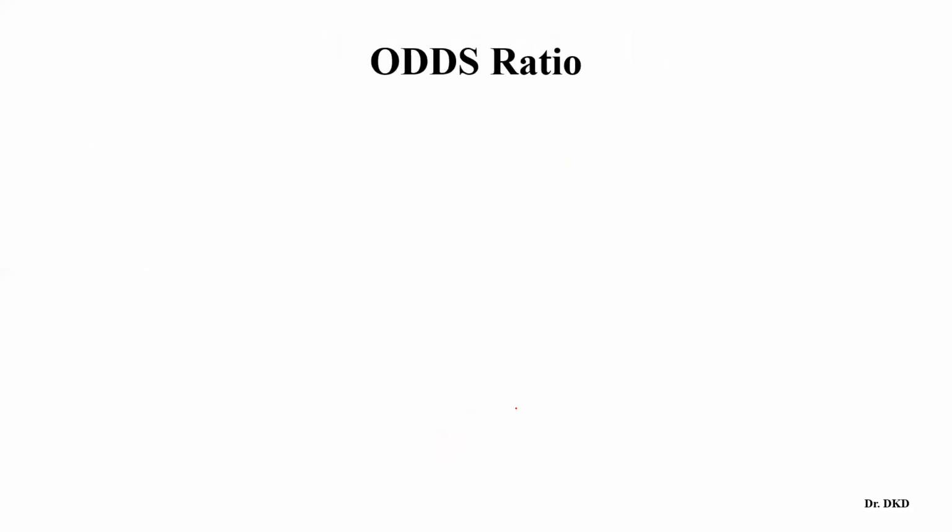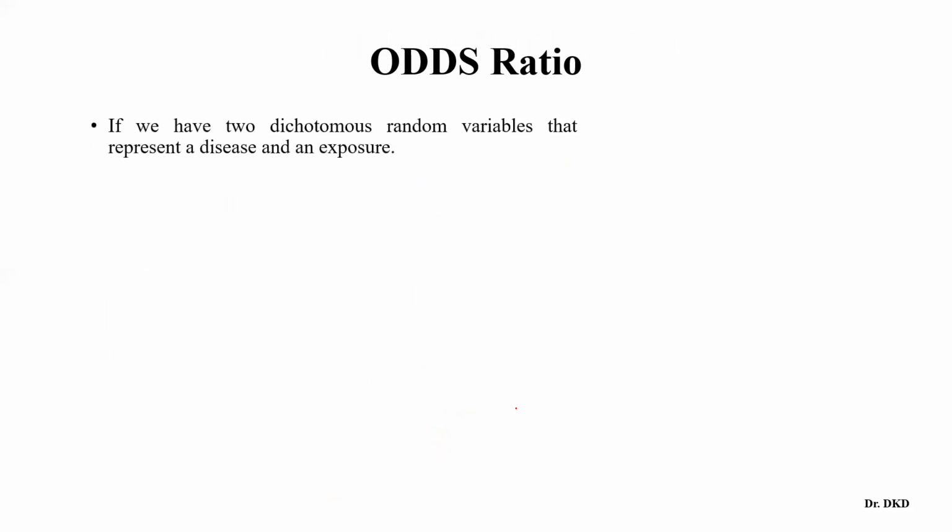Now we need to understand the odds ratio when we have two dichotomous random variables, meaning binary. For example, gender would be male or female. This is known as a dichotomous random variable. Here the two variables represent a disease and an exposure.